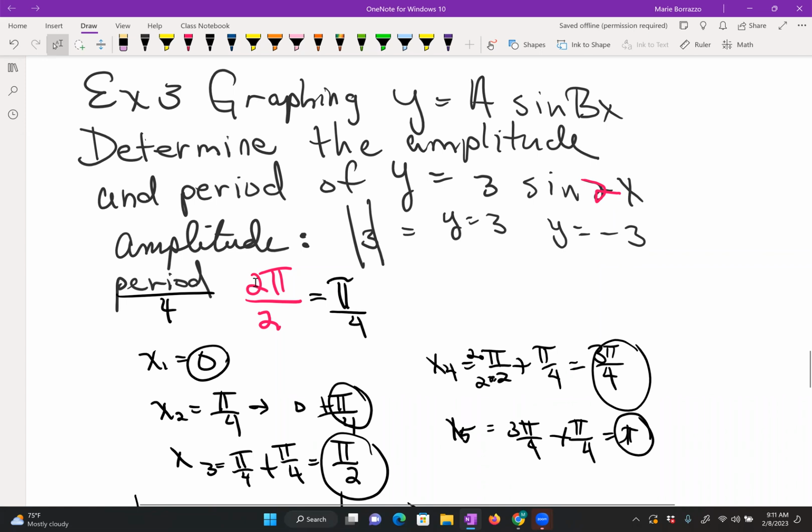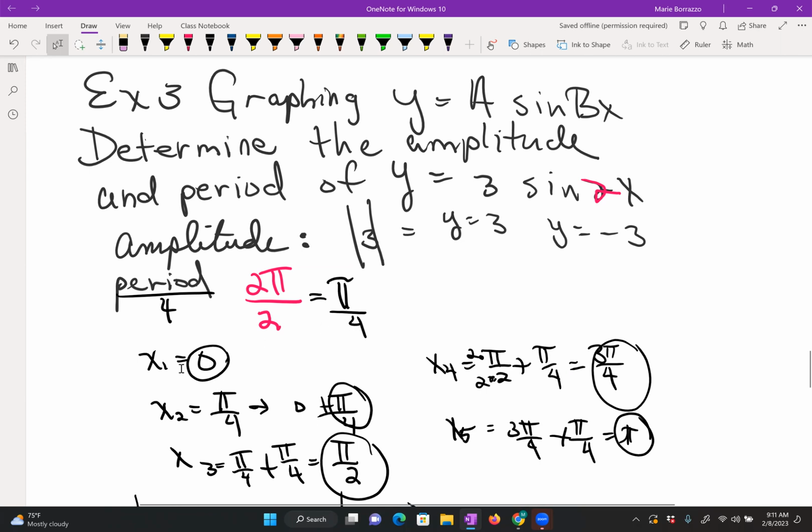So I have basically 2 pi over 4, which is the period itself becomes pi because the 2's will cancel, then it's pi over 4.